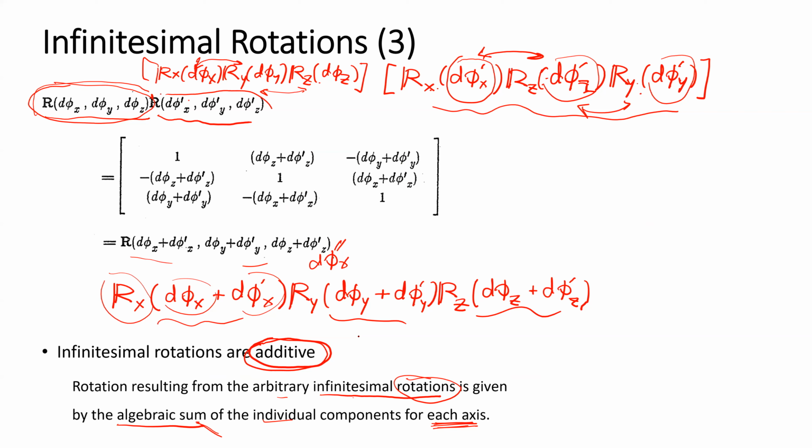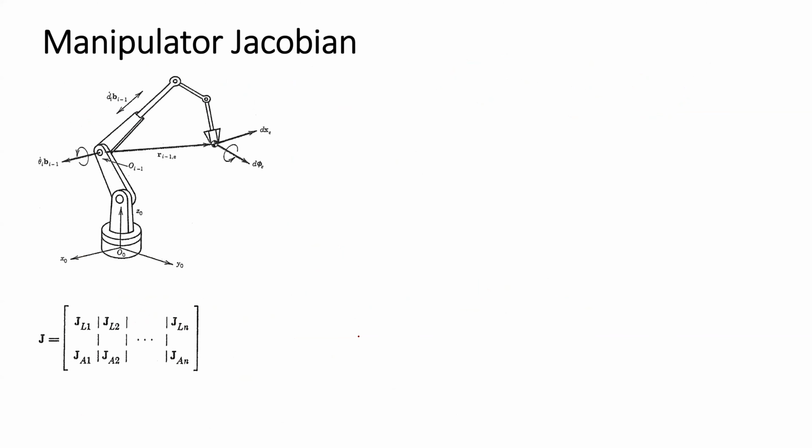Okay, the third topic for today is the Jacobian of the manipulator.